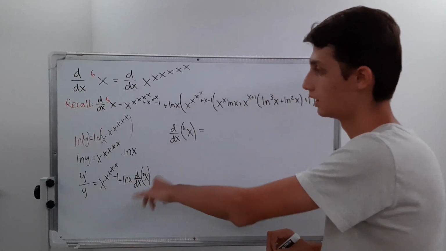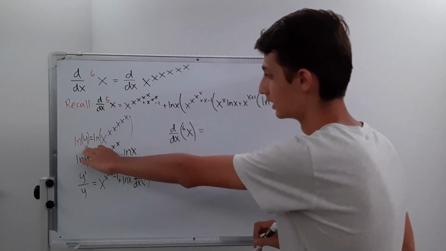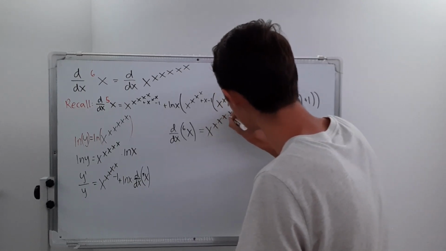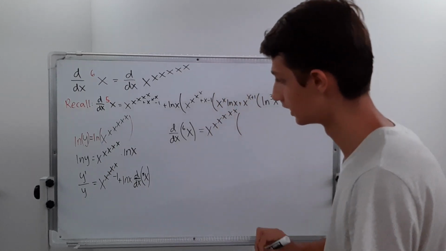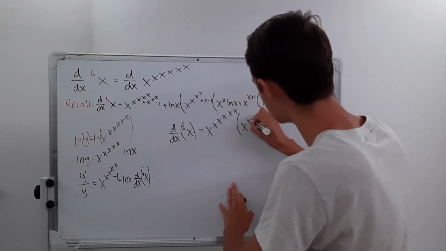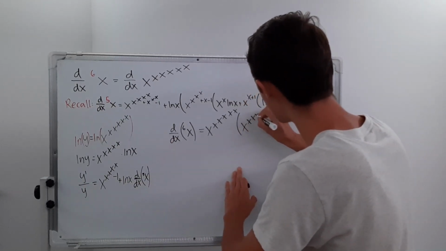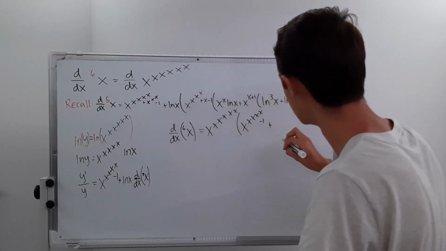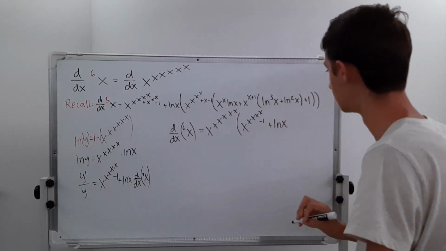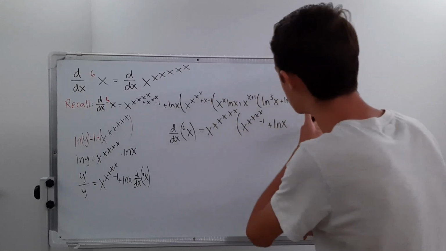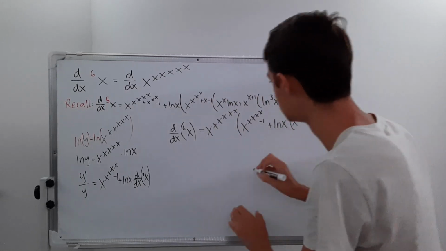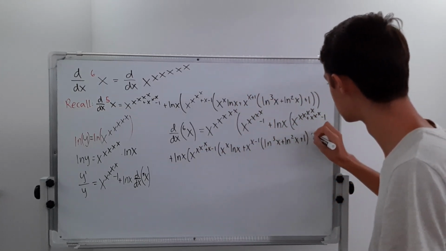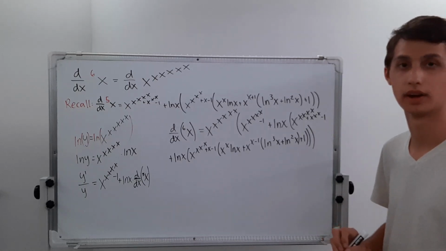I'm not going to distribute because it's just too much, but y is just our sixth tetration, so this is 1, 2, 3, 4, 5, 6, multiplied by just this, so x to the x to the x, 3, 4, 5, minus 1, plus ln x, multiplied by this whole thing. Okay, so this should be right.